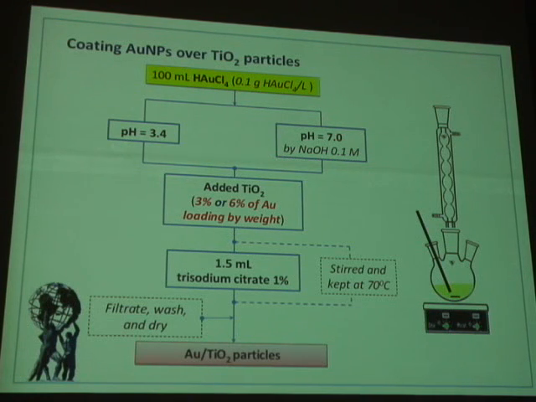We add titanium, and we change the amount of titanium for 3% or 6% of gold loading by weight for each condition. And we use 1.5 milliliter of trisodium citrate as the reducing agent. After 2 hours, the particle will be filtrated, washed and dried to get the gold covered titanium particle.